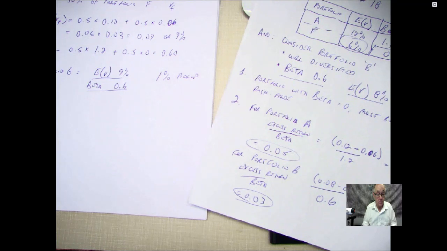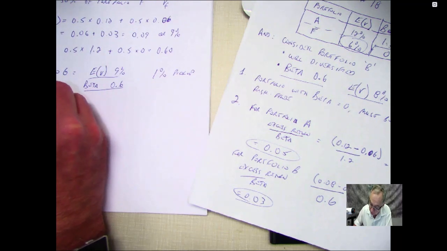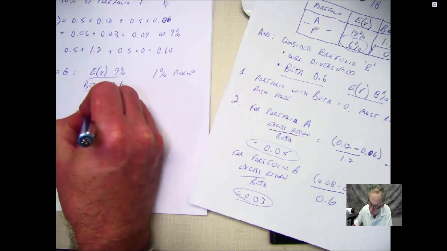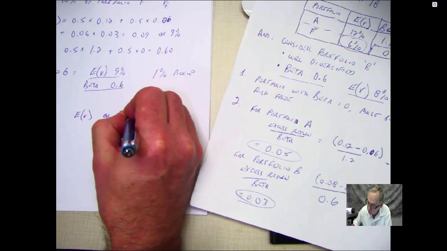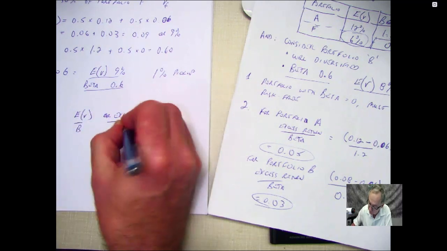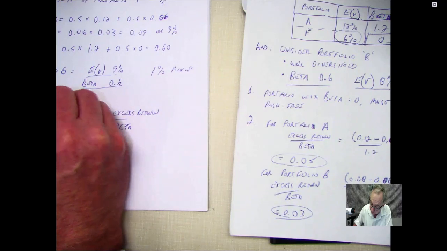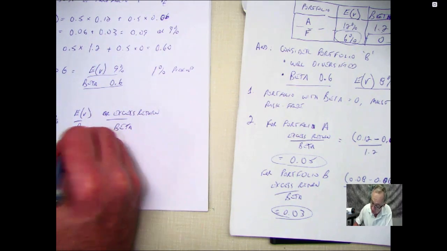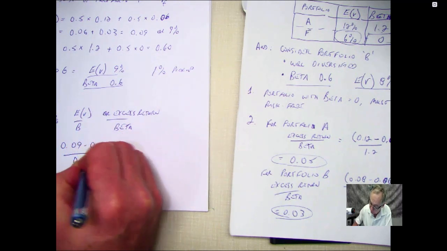And we could also do then a measure, expected return or excess return to beta for portfolio G, and that would give us 0.09 minus 0.06 divided by 0.60.